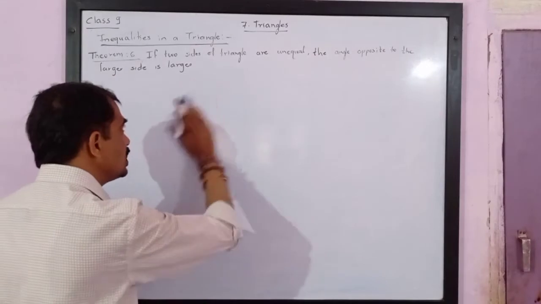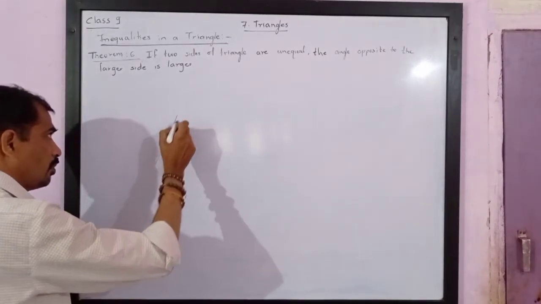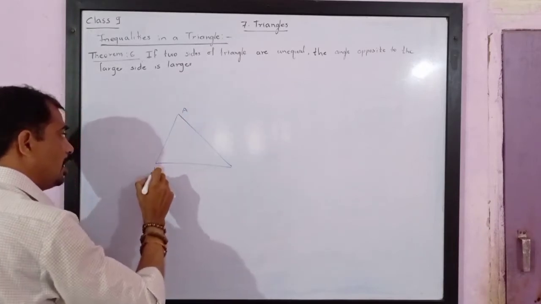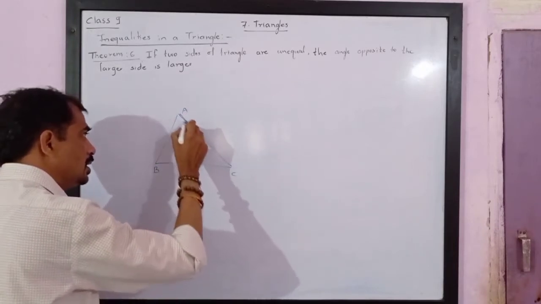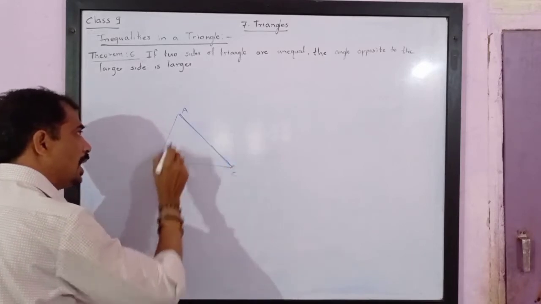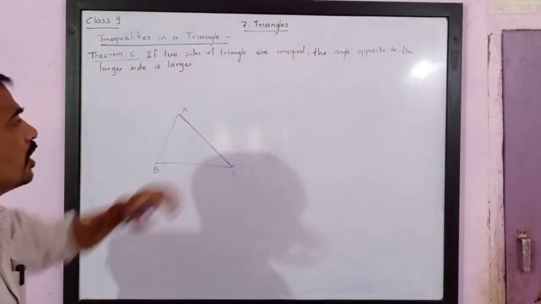Now for this, consider triangle ABC. In this, we are going to consider that AC is bigger than AB. We have to consider two unequal sides.